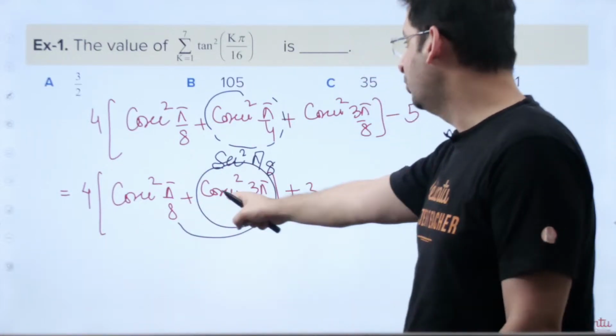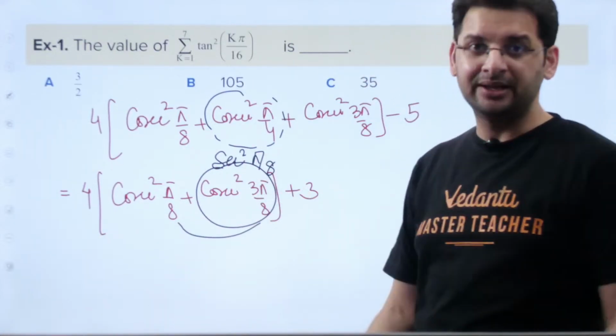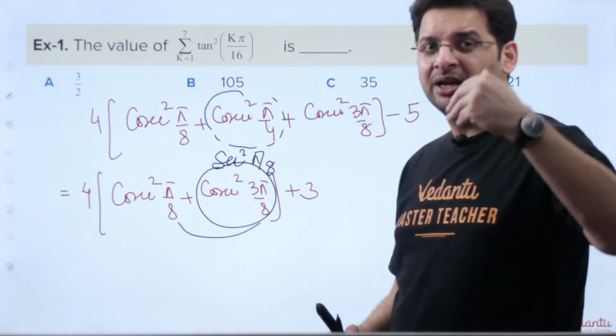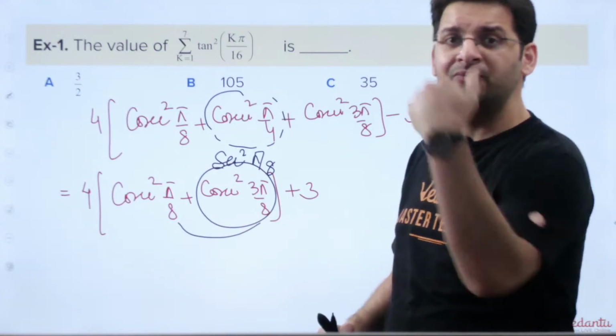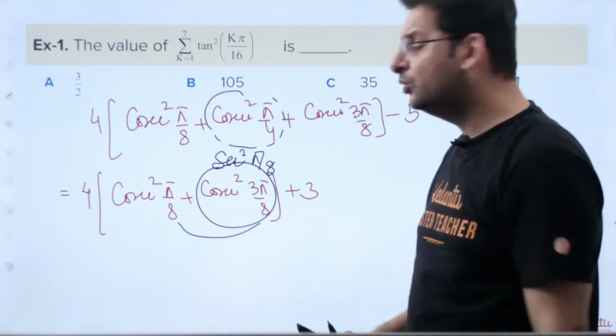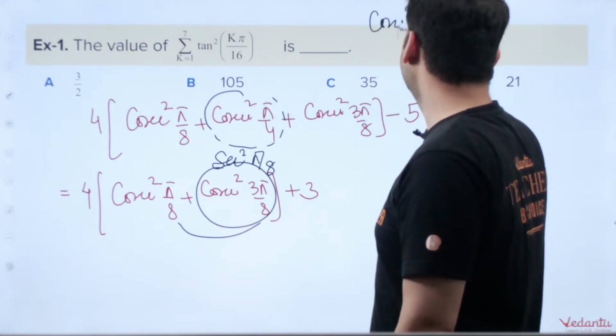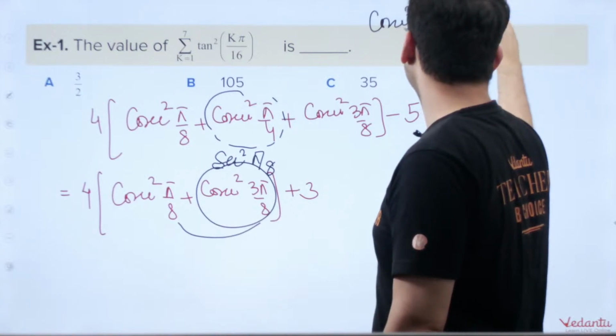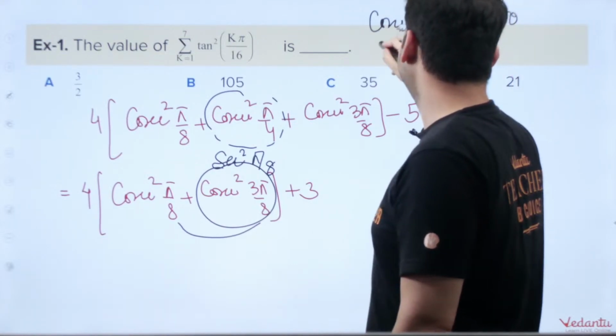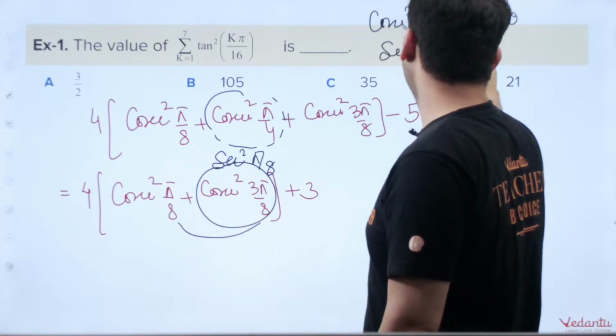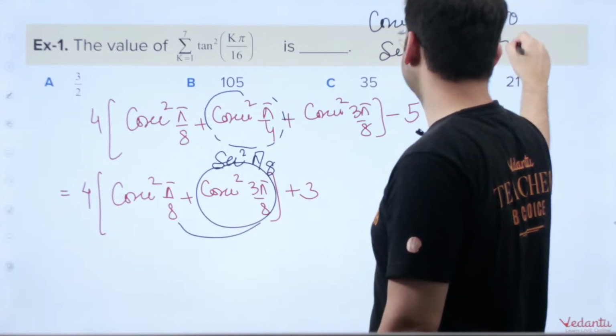Now we have cosec square pi by 8 plus secant square pi by 8. One way is I can convert cosecant theta in terms of 2 theta, double angle. The other is, we also know this identity: cosecant square theta is equal to 1 plus cot square theta, secant square theta is equal to 1 plus tan square theta. So we can use this also.